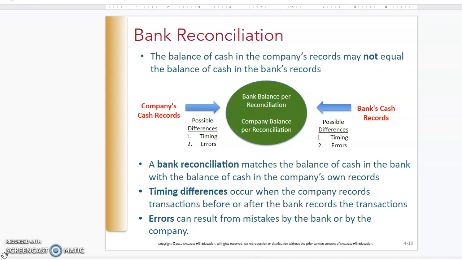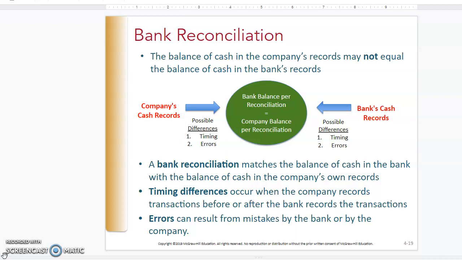You could also have deposits made by a customer directly into your bank account, an electronic funds transfer. You're not going to know that you have that until you look at the bank statement, and it is not going to be recorded on the books because you don't know that the customer paid it by electronic transfer directly into the bank account.